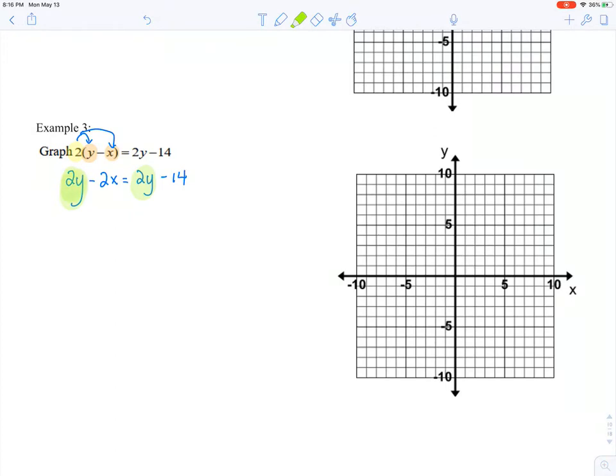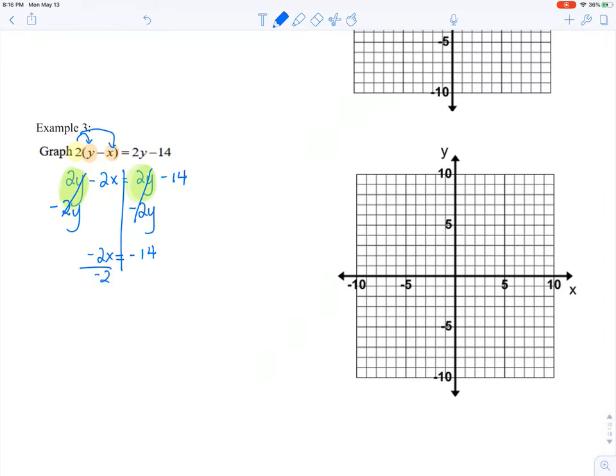Okay, so because I see this 2y on both sides, the exact same term on both sides, I'm going to subtract that on both sides because I know it's just going to get rid of both of those terms, and I'm left with negative 2x is equal to negative 14. Okay, so we got to be kind of observant here.